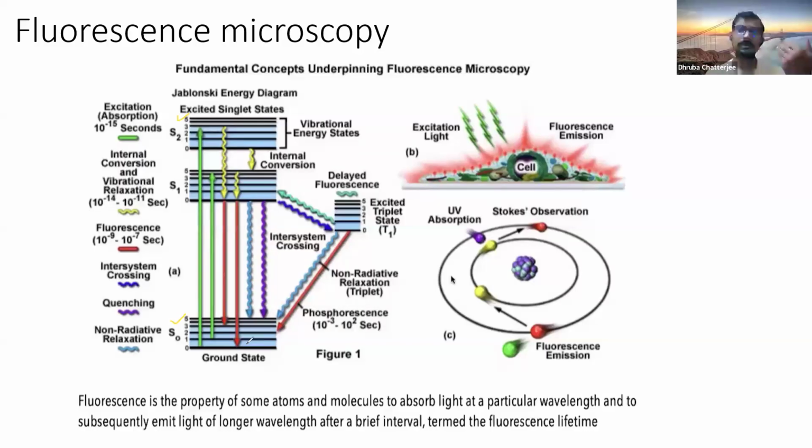In fluorescence, you have a specific excitation for a particular fluorophore. You have a particular excitation wavelength where you have the maximum excitation or maximum absorbance, and also you see emission of light having the maximum intensity at a particular wavelength.